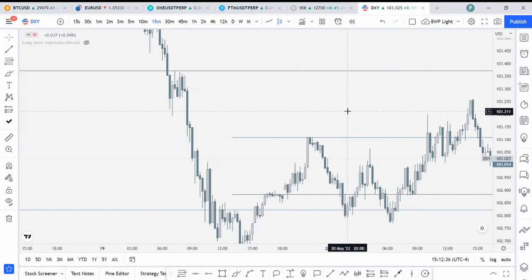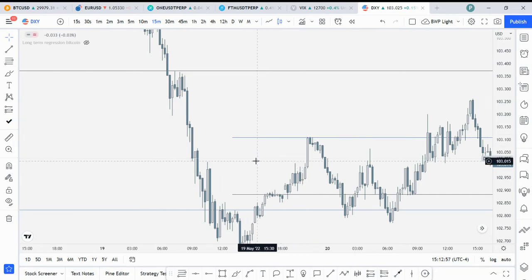Okay, guys. In previous videos, I explained the concept of liquidity and market structure, trading a range, and today I'm going to go into details about supply and demand zones.